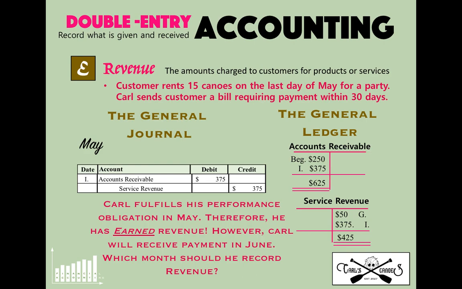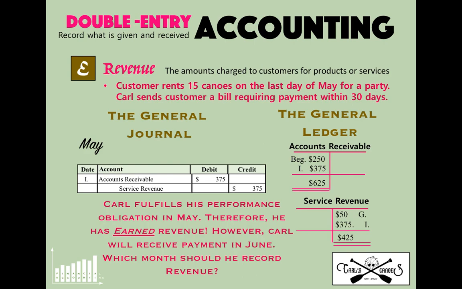Again, the debit to accounts receivable shows the increase in that asset account. The credit to service revenue shows the increase in the revenue. And that is our accrual adjustment for this transaction. I think I changed the number to 15 instead of 6. Oh well, it's okay.